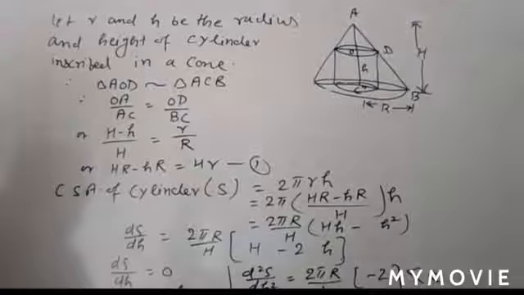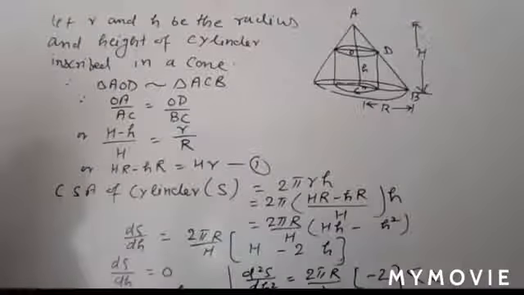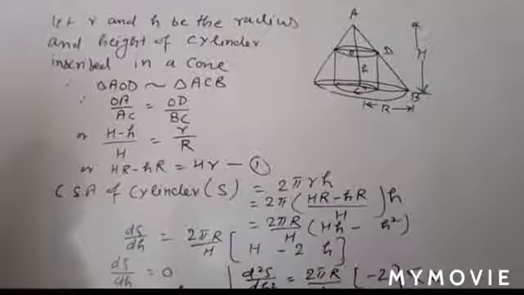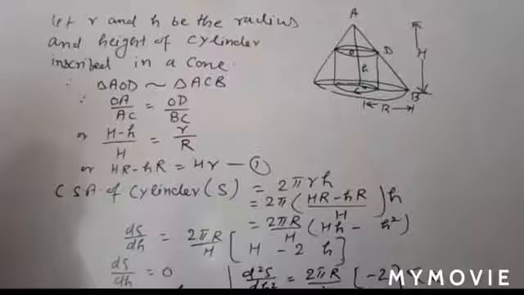Yes. Okay, noted. Show that the volume of the greatest cylinder which can be inscribed in a cone of height small h and semi-vertical angle alpha is 4/27 pi h cube tan square alpha.